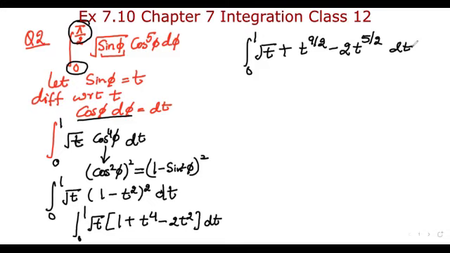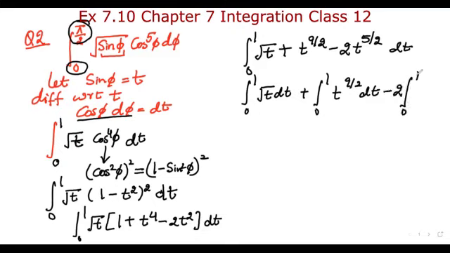Now we can separate this and integrate it separately. 0 to 1 root t dt plus 0 to 1 t power 9 by 2 dt minus 2 is constant, 0 to 1, t power 5 by 2 dt.